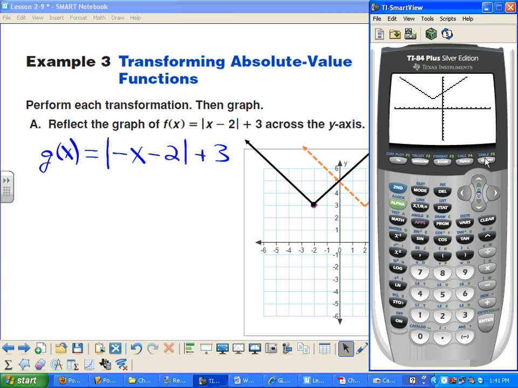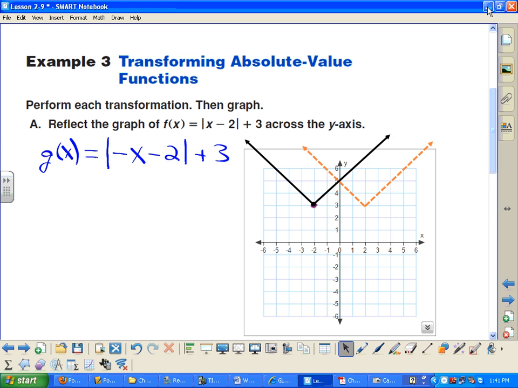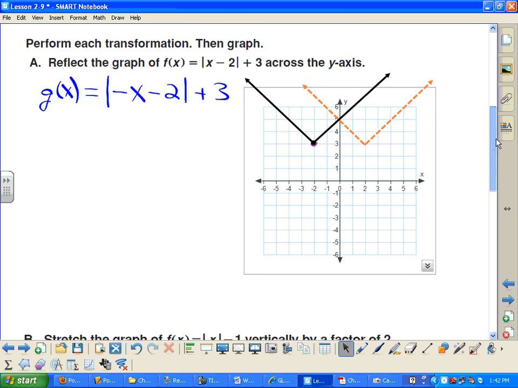Looks like it is. I should have the point -2, 3, so I'll hit trace and -2, and I should be at +3. I could check my y-intercept at 0, should be 5. So check it to make sure it's doing the right thing for you. All right, so that one worked.